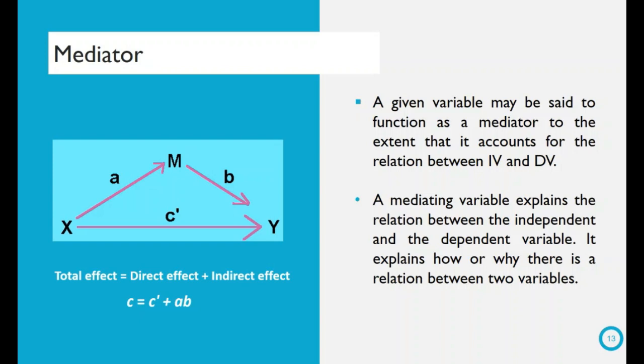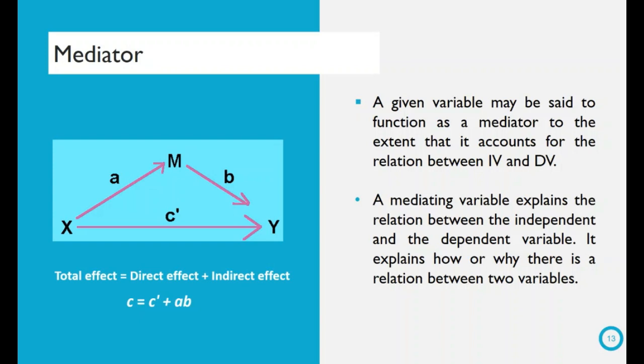Whereas the indirect effect is transmitted through one or more mediators, or variables, here. In this example, M is the mediator. So the indirect effect from X to Y goes through M. So this is the mediator.